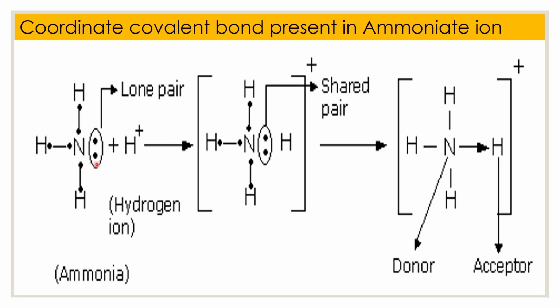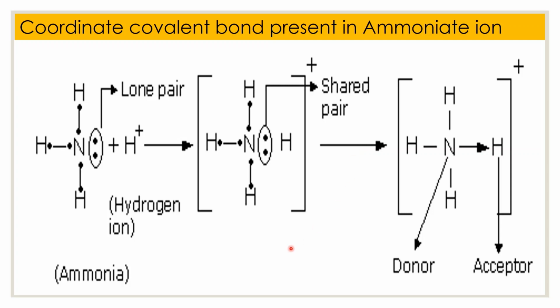That pair of electrons is shared between ammonia and hydrogen. So therefore here you can see the arrow mark between nitrogen and hydrogen. This arrow mark is coordinate covalent bond. Here nitrogen, in ammonia, is donor and hydrogen is acceptor. So this is ammonium ion, NH4 plus.